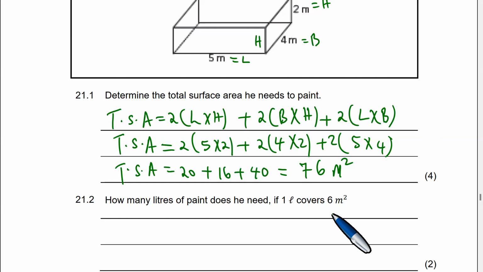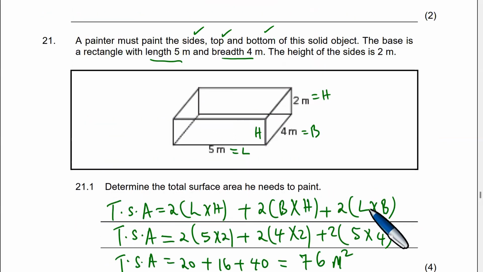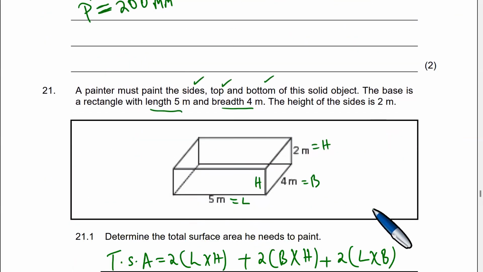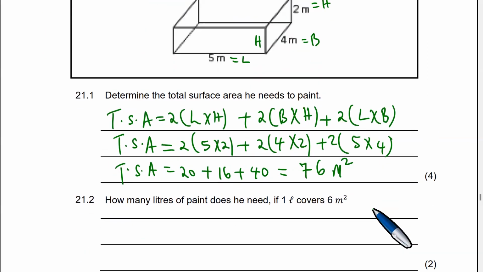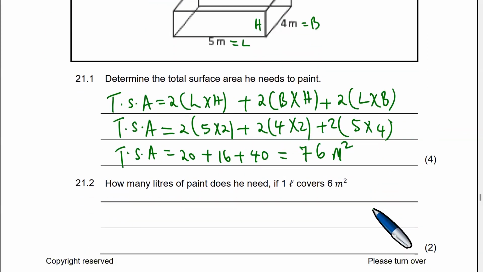So how did you do it? What did you do to answer this question? If 1 liter covers 6 square meters, then 60 square meters covers 10 liters. Then we add 66, which covers 11, then 72, which covers 12.